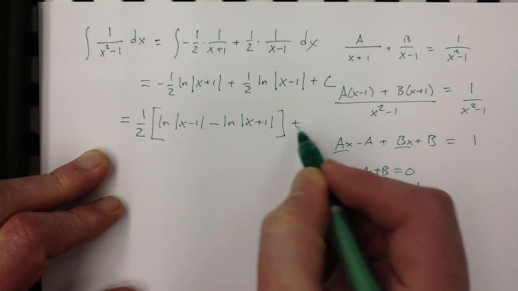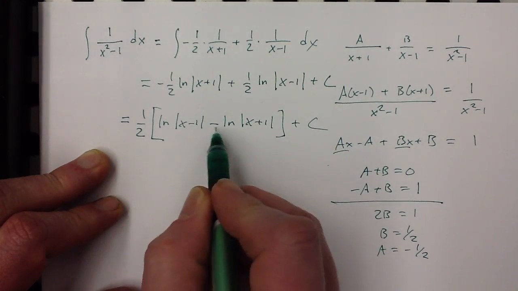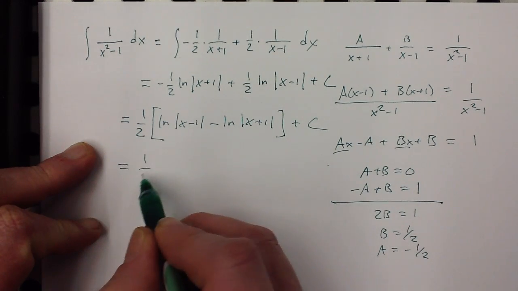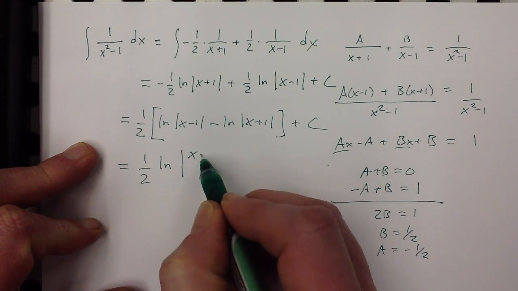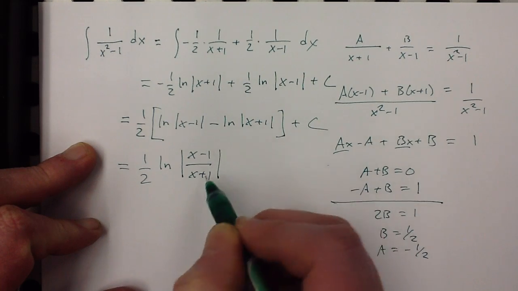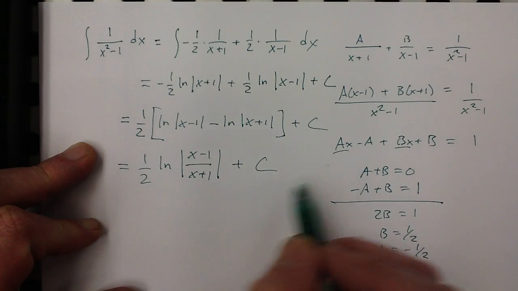So I changed the order and I factored the 1/2 out. And then you know when you subtract logarithms, that's the same as x minus 1 over x plus 1. Remember, subtraction can turn into division like that. So that's another way of writing the answer.